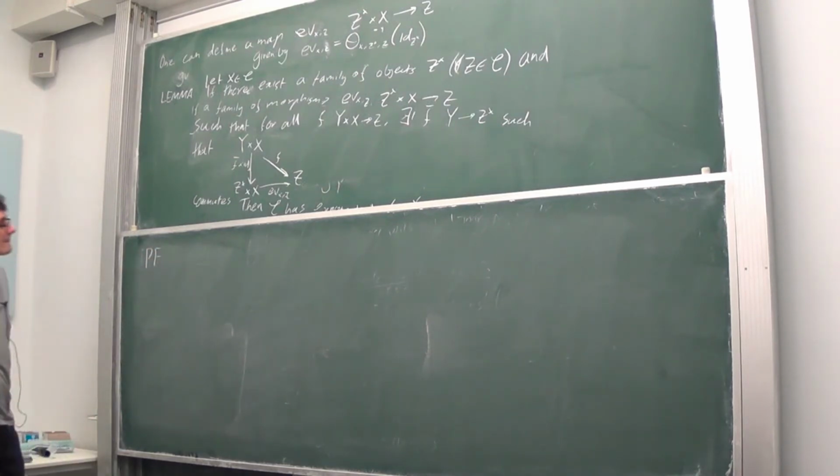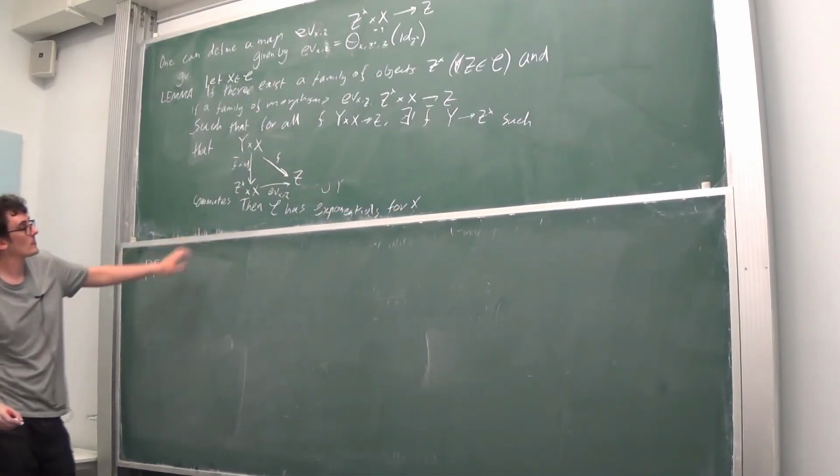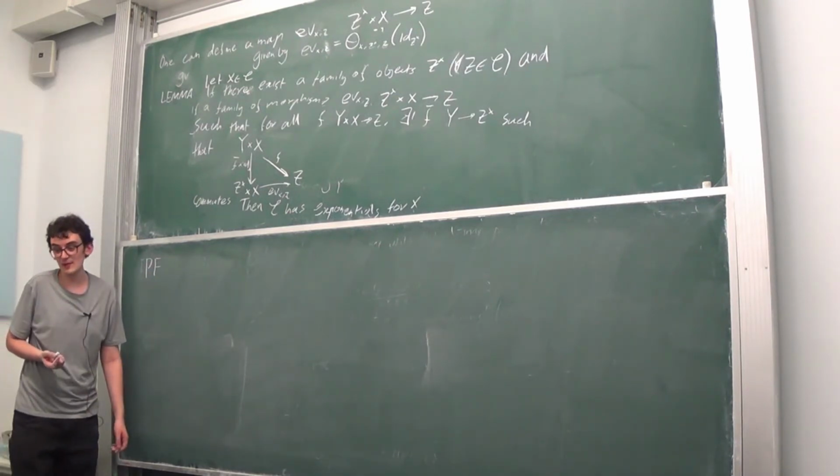Just a quick question before you dive into the proof. You've got the evaluation from z to the x times x to z, and that x is fixed while z ranges over all objects. Is that right? Yeah, that's right. Basically, the definition of exponentials is sort of annoyingly asymmetric, even though it's not.